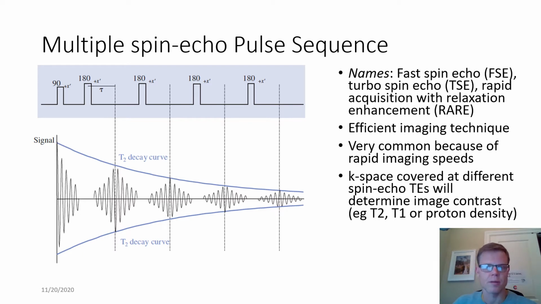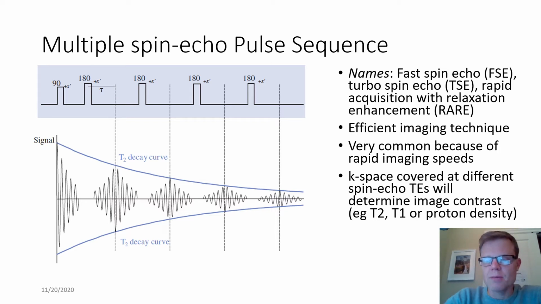It's basically a 90-degree excitation followed by multiple 180-degree pulses in which we're continually refocusing the transverse magnetization to continue to get this refocusing of the T2 star phenomena, so we only have T2 decay. And we can basically repeat this until the signal is almost gone.